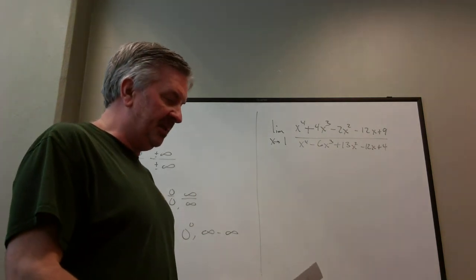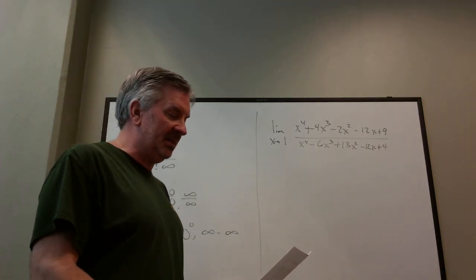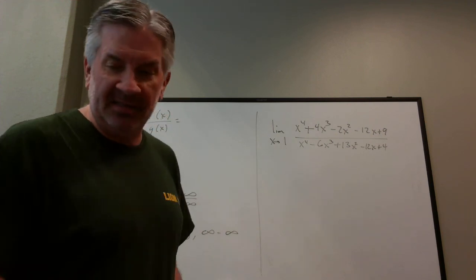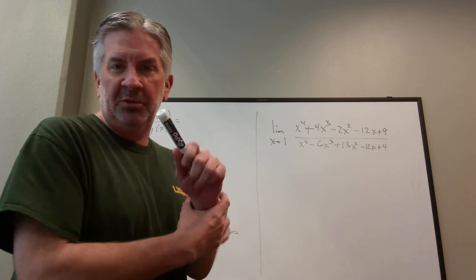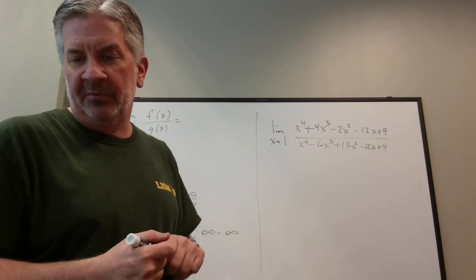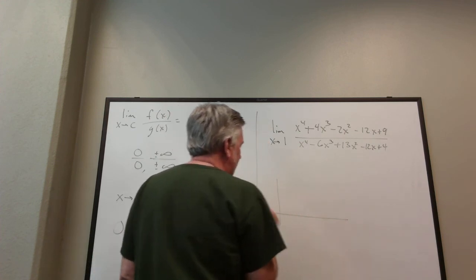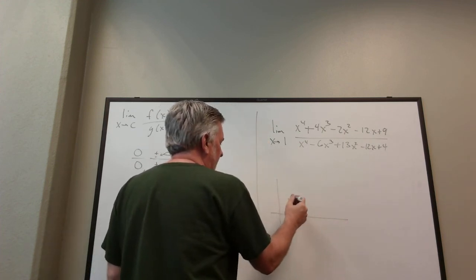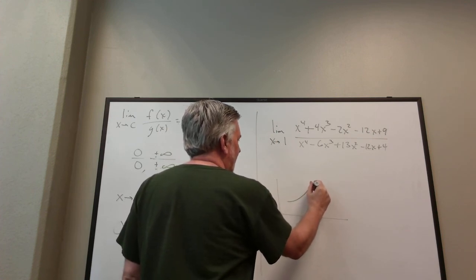Let f and g be differentiable functions on an open interval (a, b) containing c, except possibly at c itself. So f and g have to be differentiable, meaning you can take a derivative, on an open interval containing c, except possibly at c. Suppose you had a function, f or g, that had a sharp corner, like that.